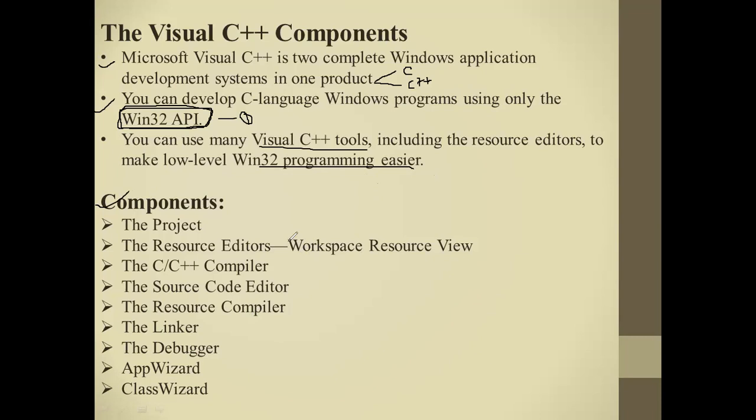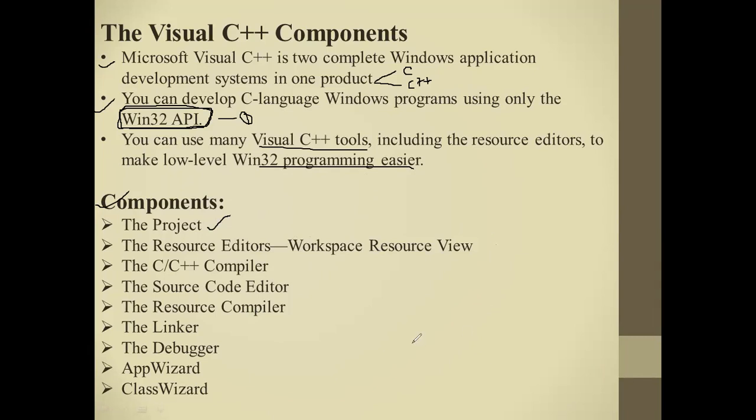I have listed some of the important components that are mainly used in Windows 32 programming. The first one is called project. Project is related to the name of the project and the entire set of files.